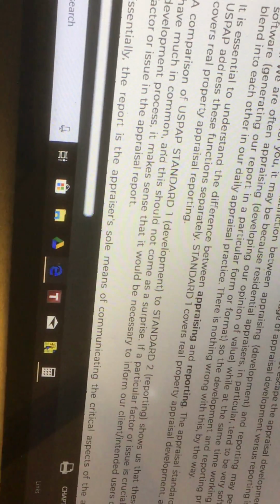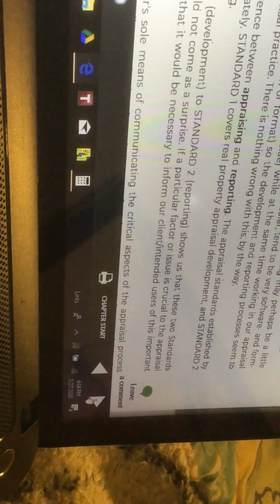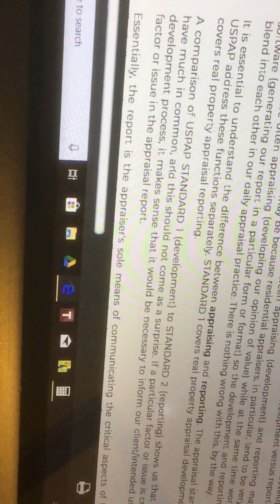A comparison of USPAP Standard 1 development to Standard 2 reporting shows us that these two standards have much in common, and this should not come as a surprise.